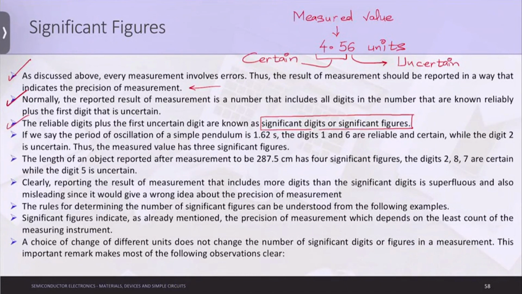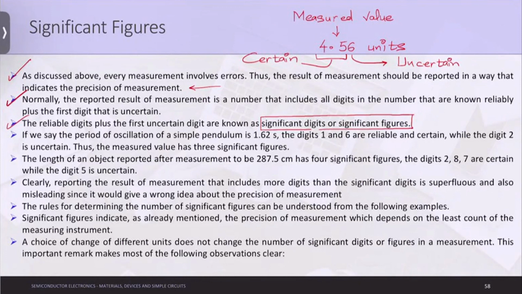Reliable digit, please remember, anything which is written after 4.56, after 6 basically, let's say it's written 4.563 or 4.5632, right? Those numbers 3, 2 are uncertain because 6 is uncertain. So anything which we write after this will be surely uncertain only.